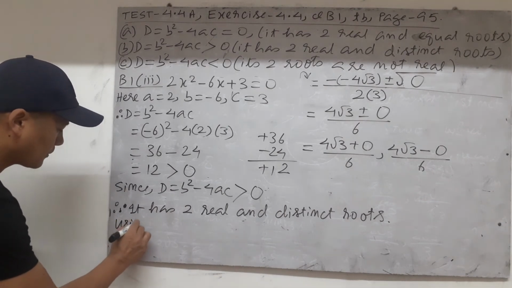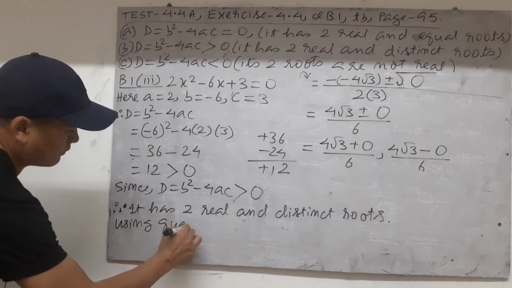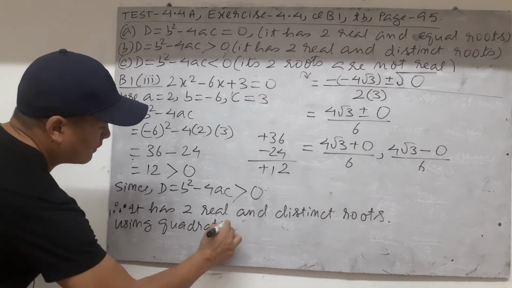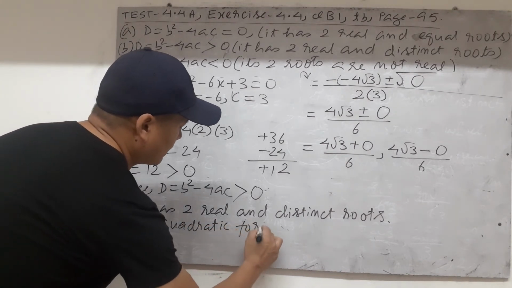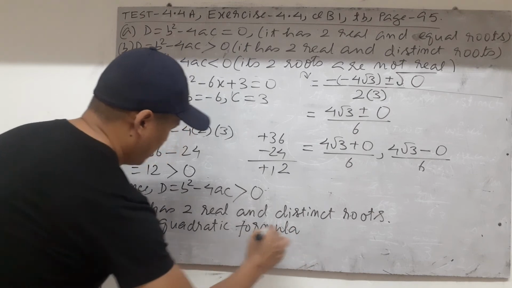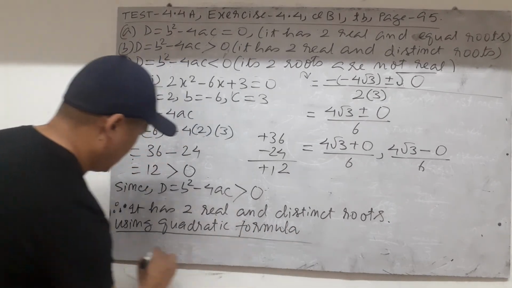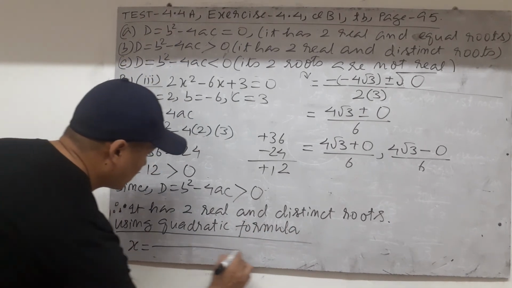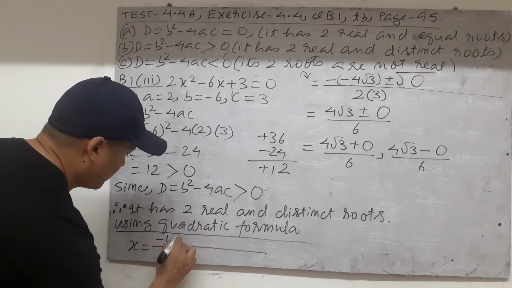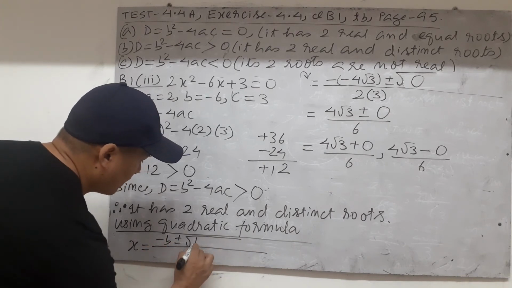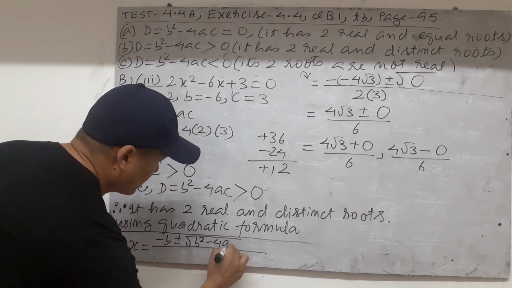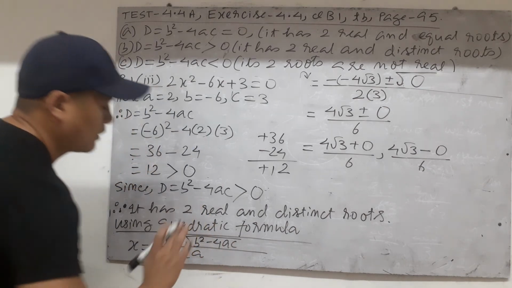So using the quadratic formula, let's go about this slowly. X equal to minus b plus minus root over b square minus 4ac divided by 2a.